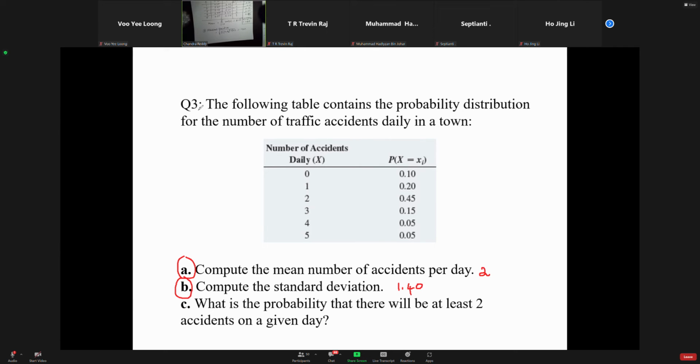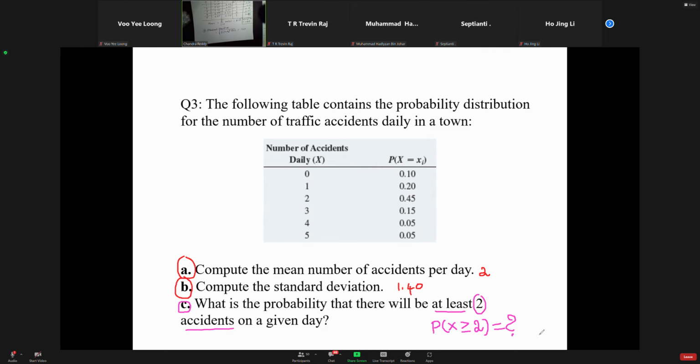Then part C. The question is asking us to calculate the probability that there will be at least 2 accidents on a given day. So how do we write this?